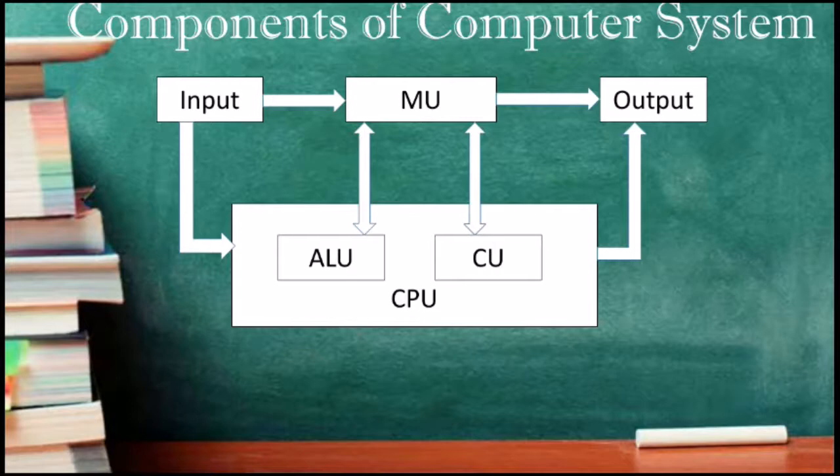For example, monitor, speaker, printer, etc. So basically, computer takes input, then process the data and finally produces the output. So this is the block diagram of computer system.